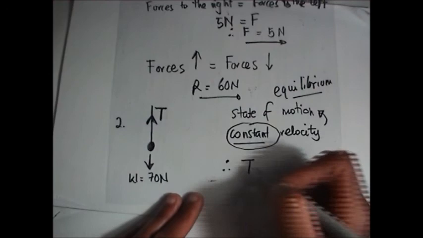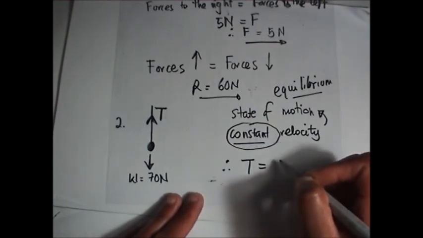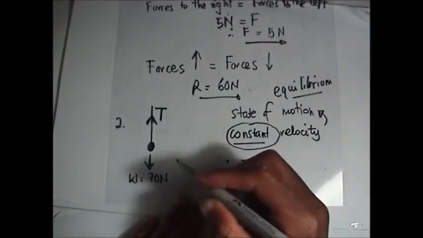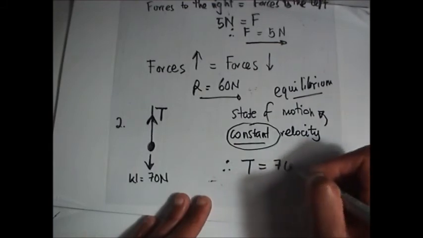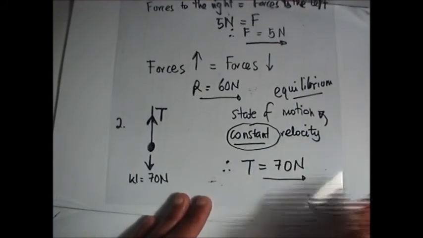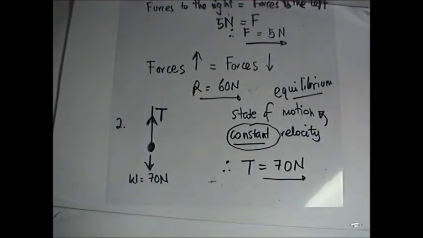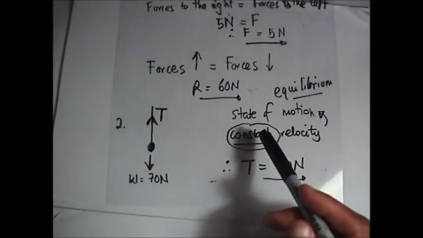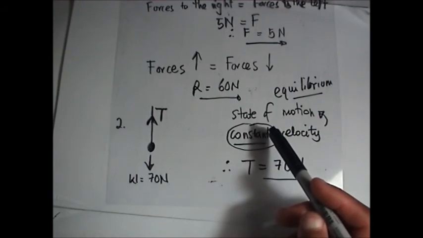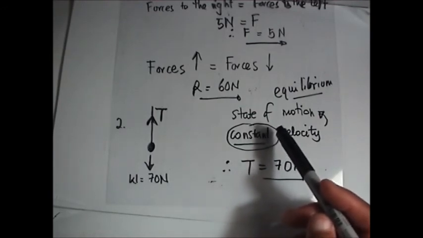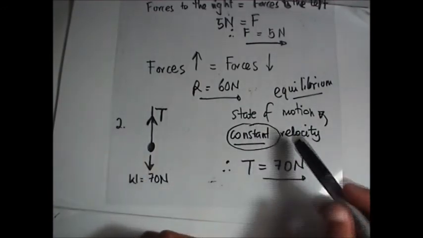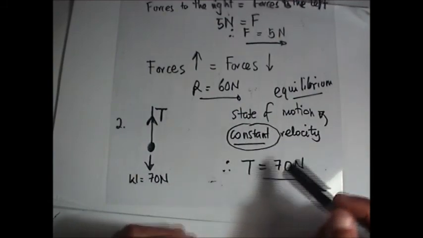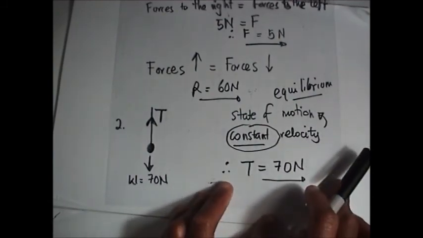Therefore, our T, which is pulling up, is equal to what is pulling down, which is 70 newtons, the weight. So this is example number 2, for when the body is experiencing a state of motion.